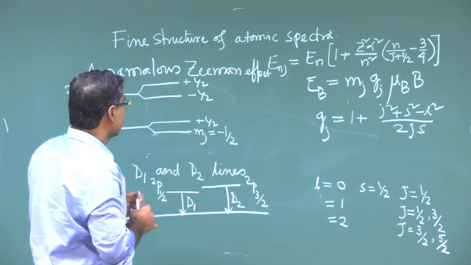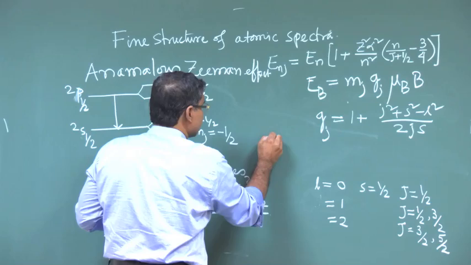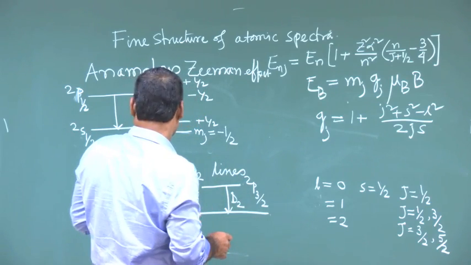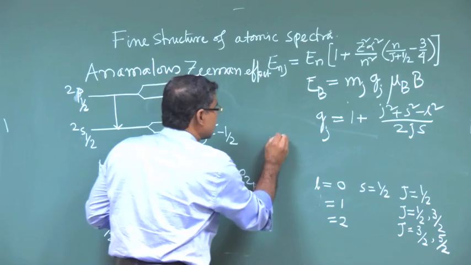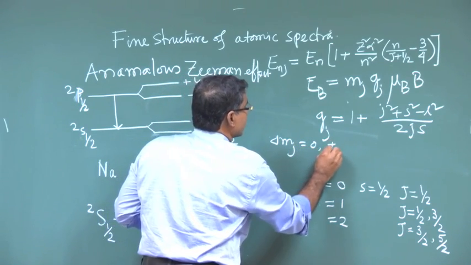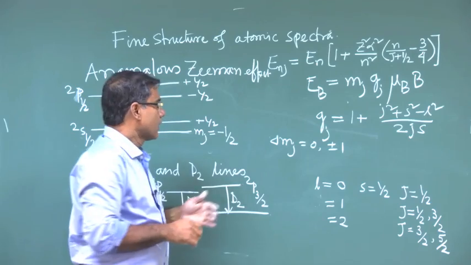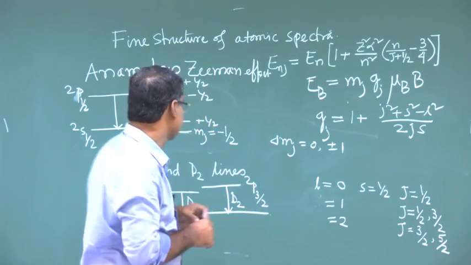Now, here you have to consider the selection rule: delta mj equal to 0, plus minus 1, and delta j equal to 0, plus minus 1.